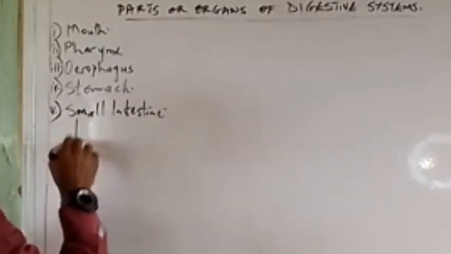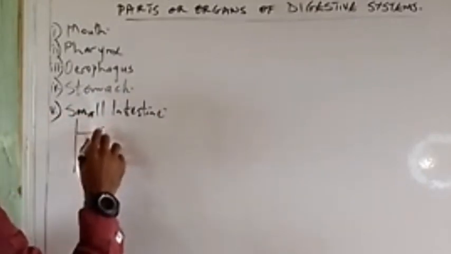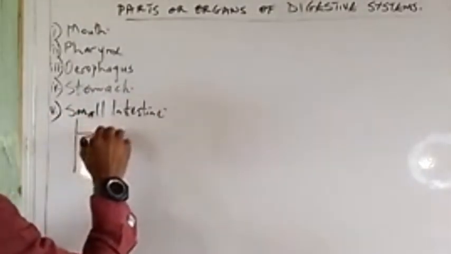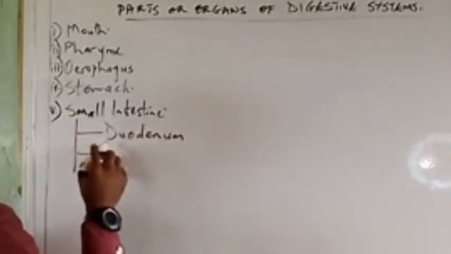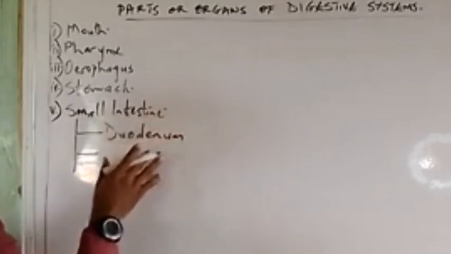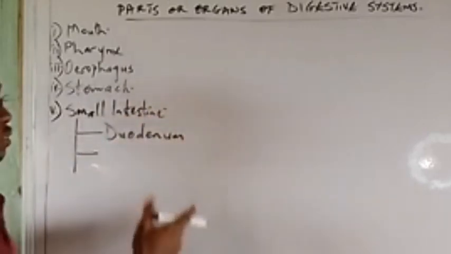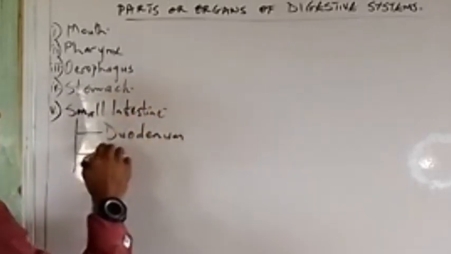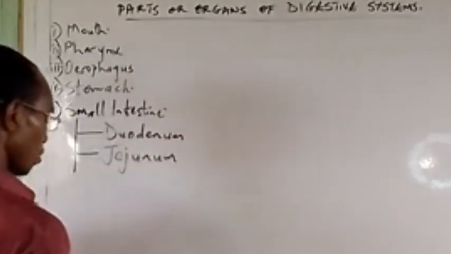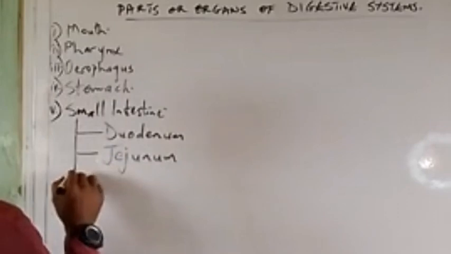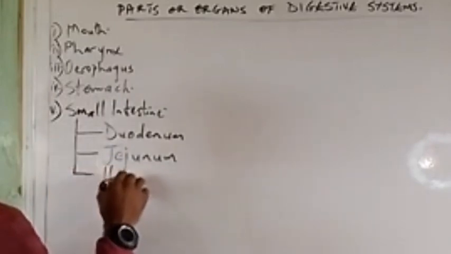and this is divided into 3. We have the first one to be the duodenum. I'm talking about the small intestine now, it is divided into 3 parts. We have the duodenum, we have the jejunum, and lastly, we have the ileum.